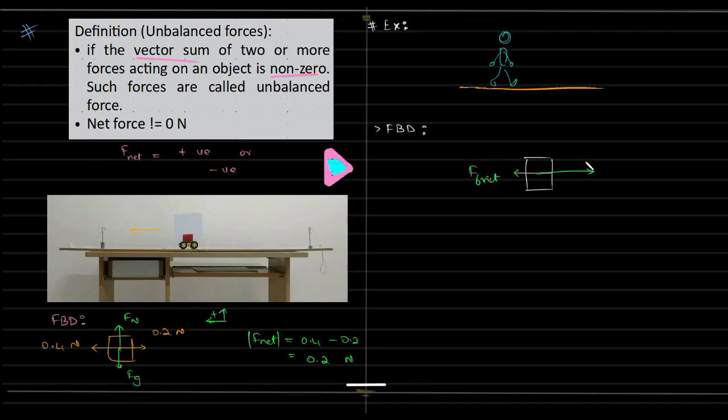So the FBD for this would be the frictional force, that is to the left, and we have the push force, that is to the right. So this is basically your free body diagram for this particular scenario. Of course, other than this, you have your gravitational pull and also normal force.